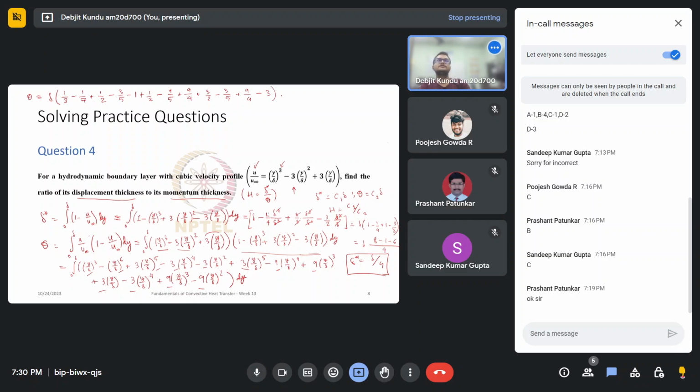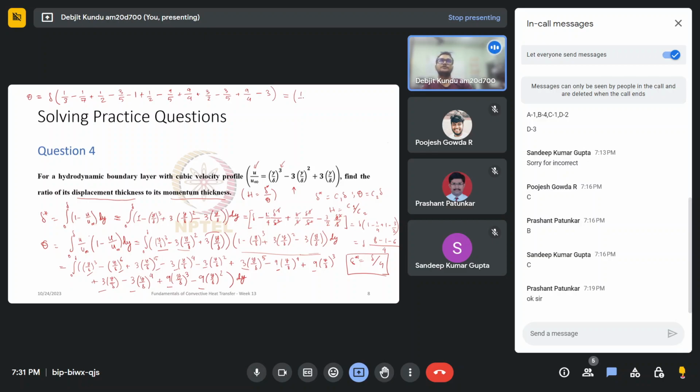Okay. So this has to be evaluated now. I'm trying to see if there's any easy way to do this. Okay, let's at least club the terms together. Is there anything with 1 by 3?